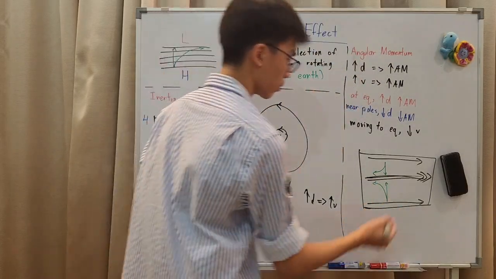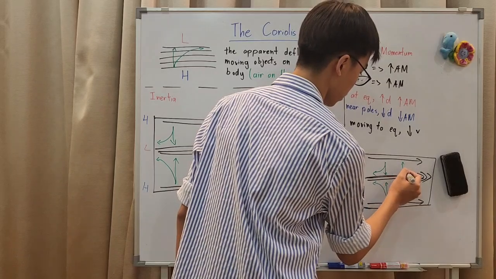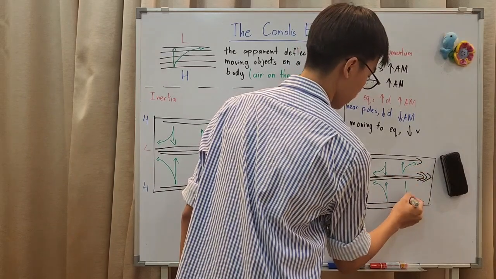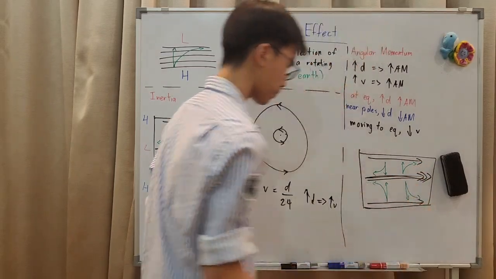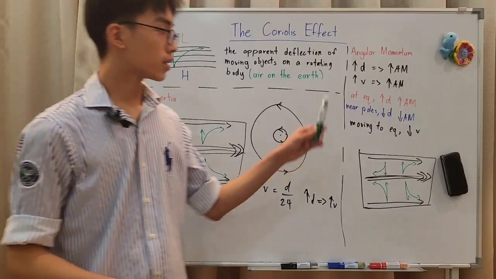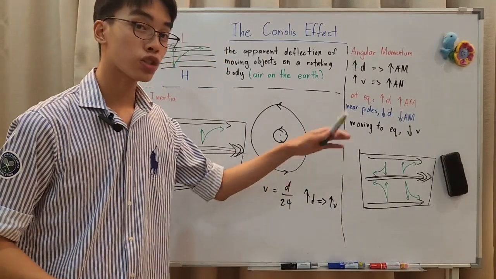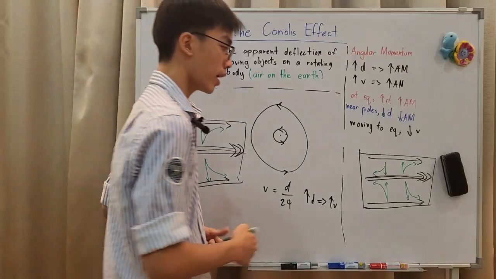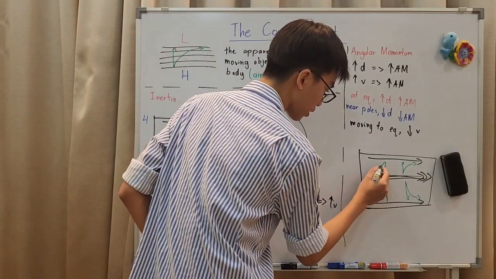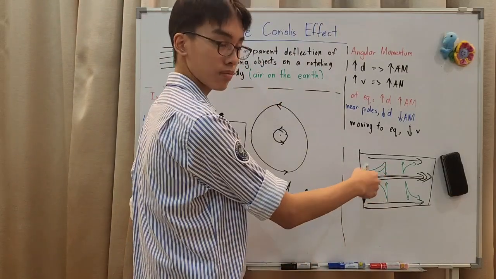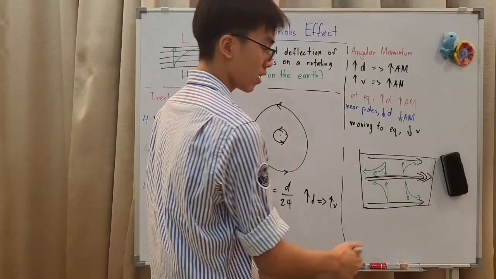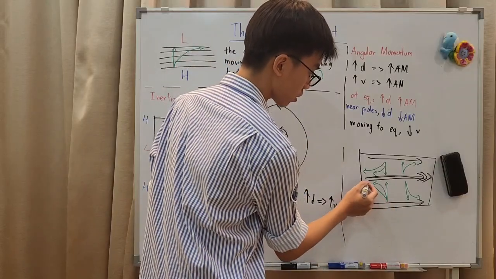And then if you're going to go in the opposite direction, because you're going to slow down as you move towards the equator, then you're going to trail even more behind. And therefore, you're going to actually be like this. So it's going to end up in a further back position. And same for over here.